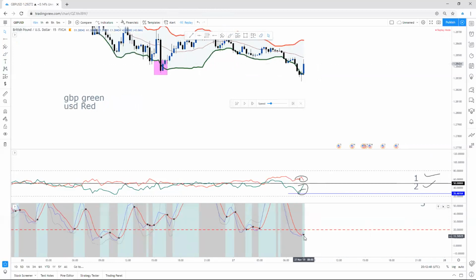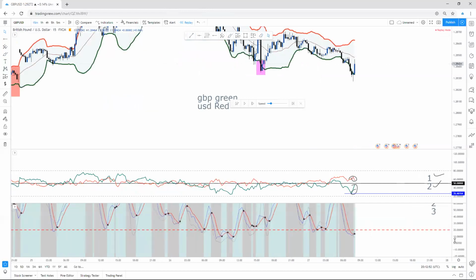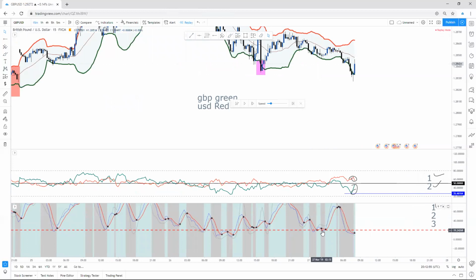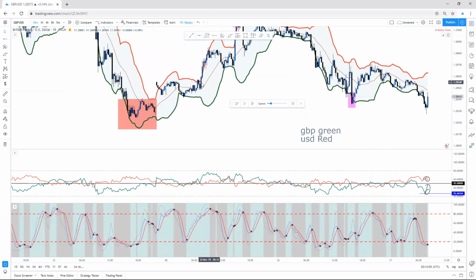So in this case, the blue line already crossed the red. And again, guys, when we buy, the blue will always be on top of the red. If you ever forget that, just go on the chart and see whenever the market is going up, go back to the stochastic and see which line is above. In this case, the blue line is above the red because the market's pushing up.